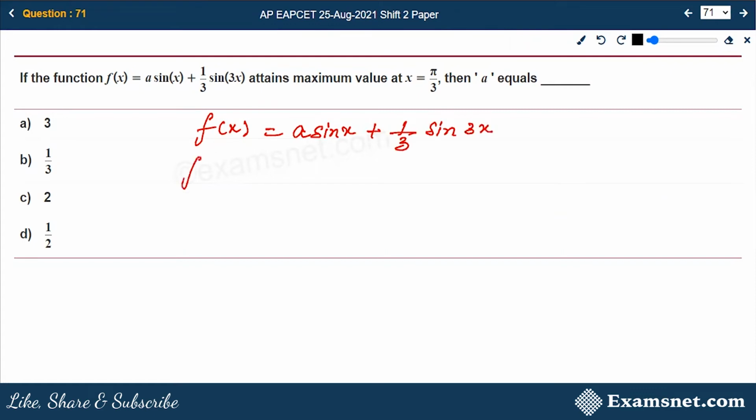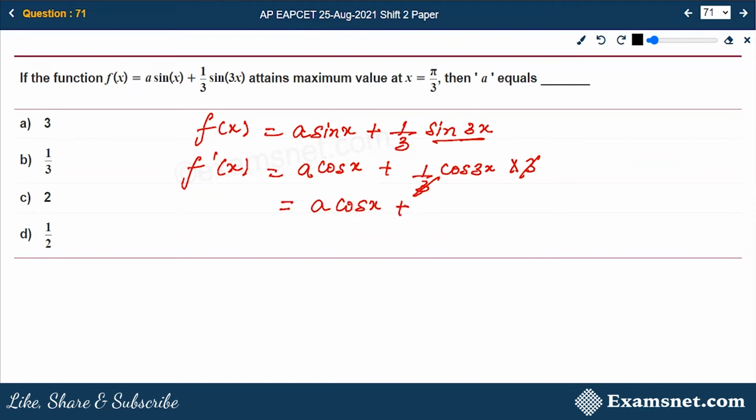Let's find the derivative. Derivative of a is a constant, it will remain as such. Derivative of sine is cos x plus 1 by 3. Derivative of sine is cos x, so it will be cos 3x into coefficient of x, multiplied by 3. They will get cancelled. And the derivative is a cos x plus cos 3x.